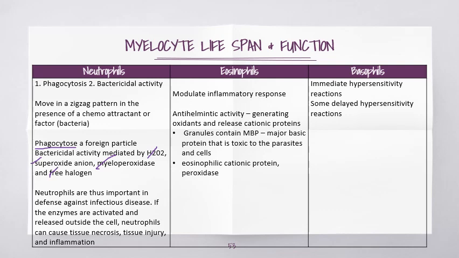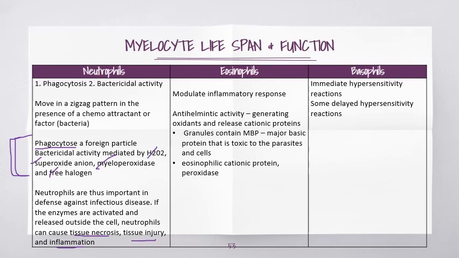Thus, they are important against infectious diseases. If this phagocytic activity of neutrophils becomes unchecked, or they go beyond the normal tissue, they may cause tissue necrosis, tissue injury, and inflammation. Okay?